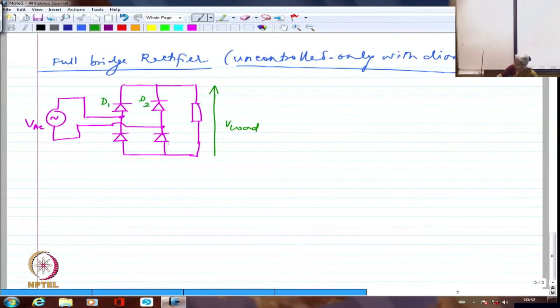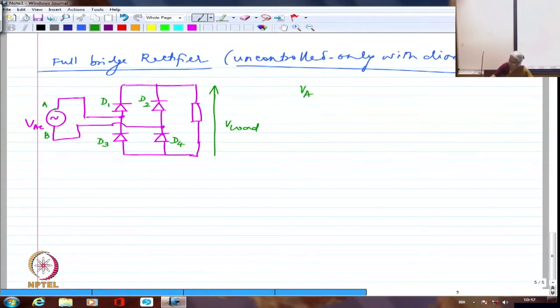So I'm sure you guys know the basic way of conduction. Let me call these terminals A and B. It is going to start from VAC's A point during the positive half cycle. Right? I'm going to have this as plus and this as minus.